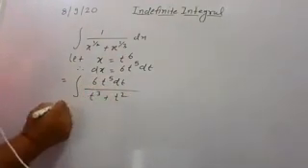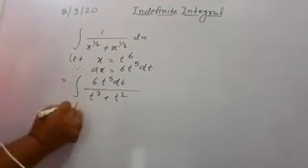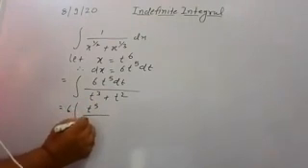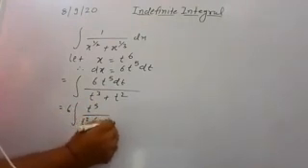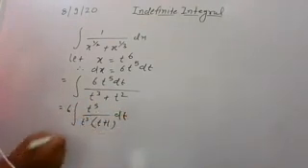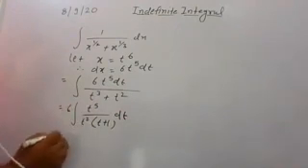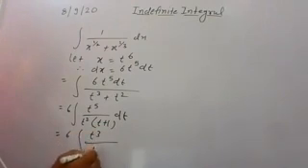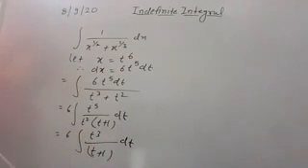Now taking t square common, so you have 6 t to the power 5 upon t square into t plus 1 dt. In this way we cancel out, so 6 into t cube upon t plus 1 dt. You have your result like that. Now what you do after that, you have to divide this by t plus 1.